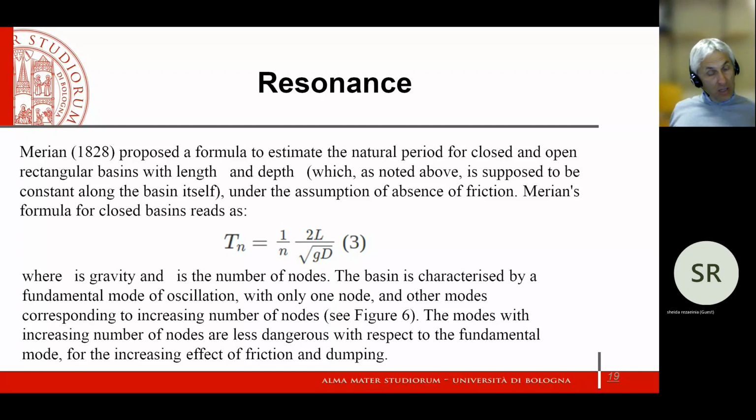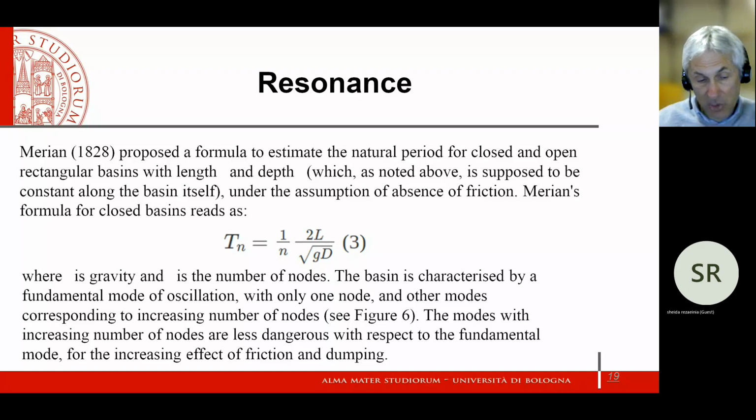We can assume first that n is equal to 1, and we see if there is coincidence between the incoming wave period and the standing wave period with only one node. Only one node. We will see a figure in a moment.